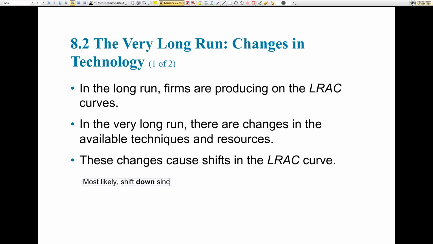Since we tend to make technological progress that allows us to produce at lower cost.